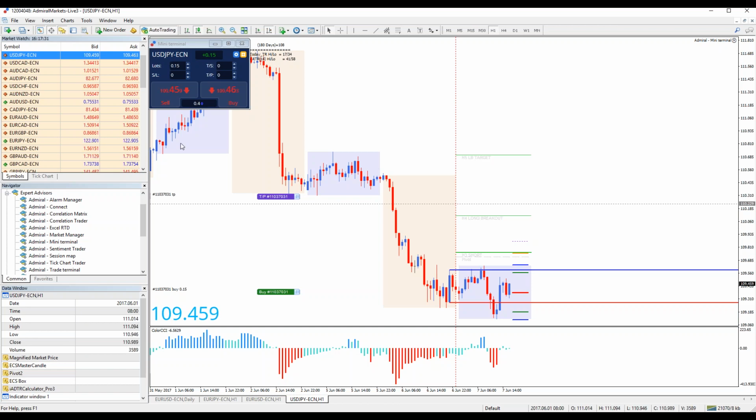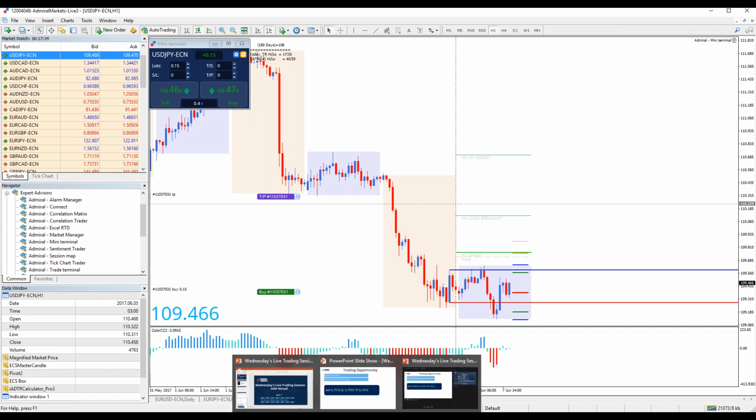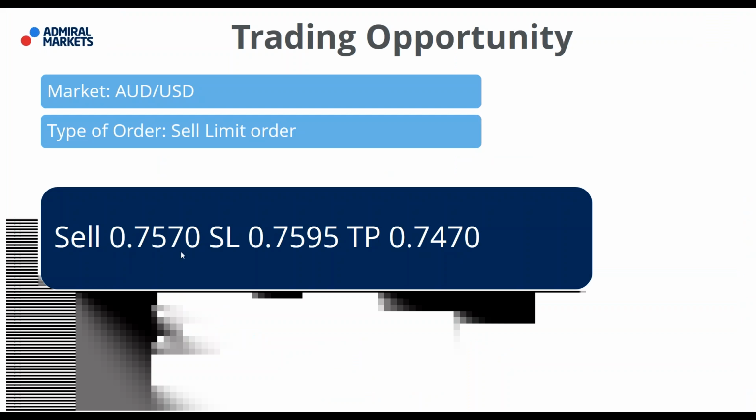One pending order we have here is Australian dollar. So this is your opportunity. It's 75.68. Stop loss is 75.95. TP is 74.70. So this is a trading opportunity on Australian dollar.